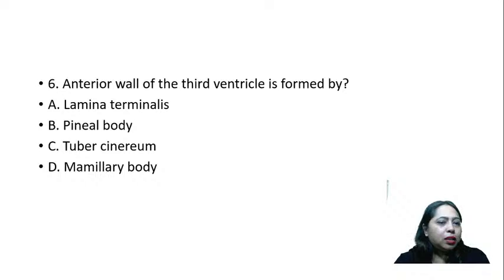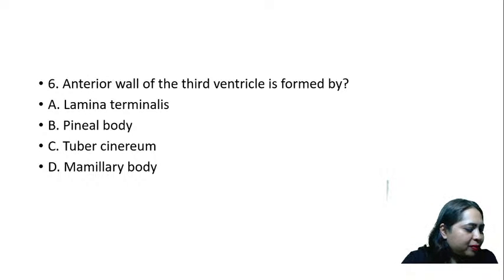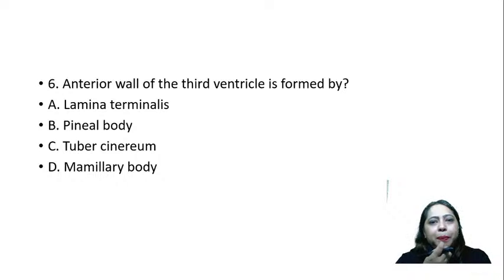Third ventricle. So think where it is exactly. It's not near the cerebellum. Where is the third ventricle? The third ventricle is near the thalamus, hypothalamus area. So there is an anterior wall, posterior wall, and the medial wall.